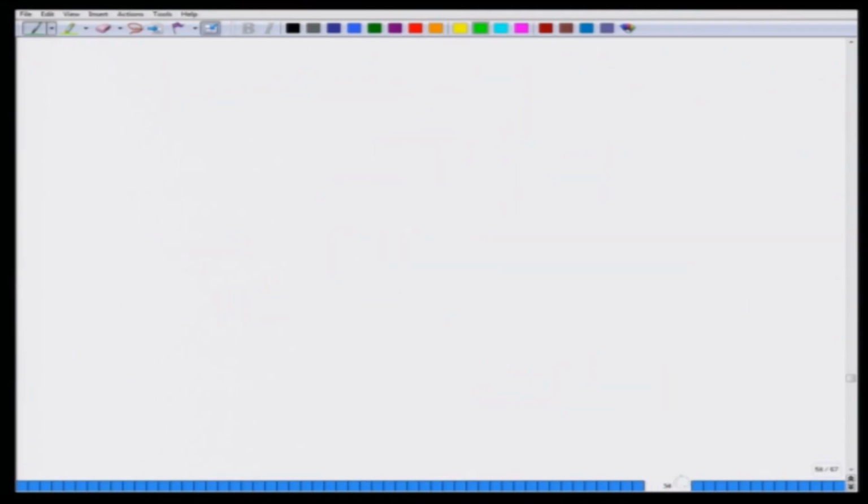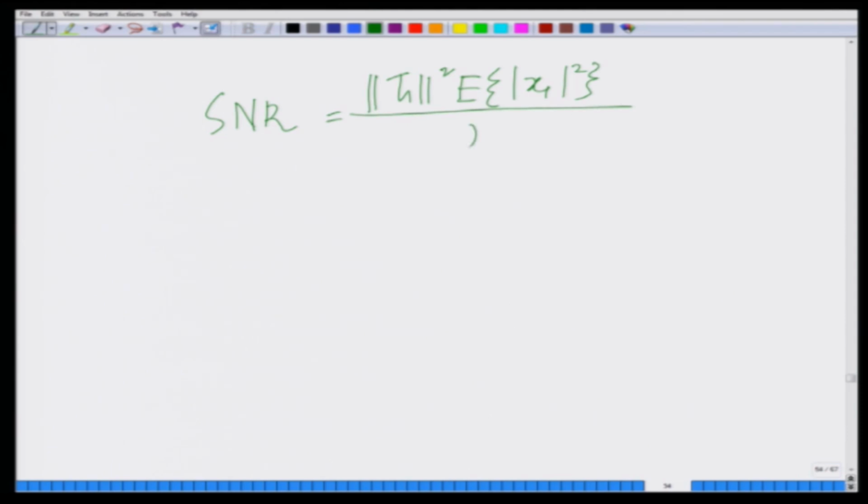Therefore, the final SNR for this Alamouti scheme is norm H bar square expected value of magnitude x1 square divided by sigma square, which is equal to norm H bar square P by 2 divided by sigma square, which is equal to half norm H bar square P divided by sigma square.